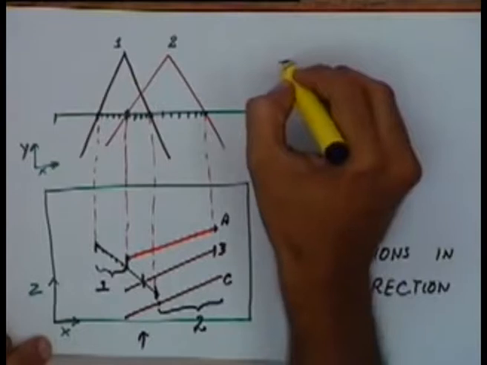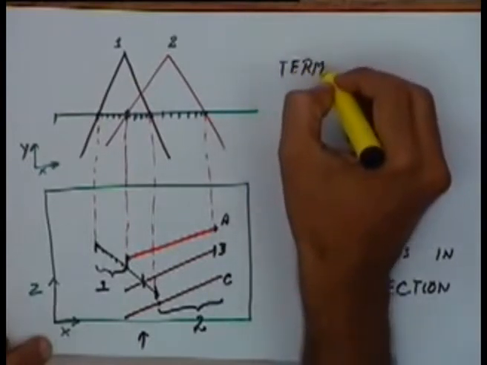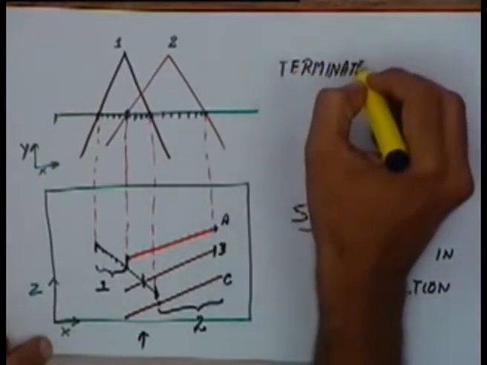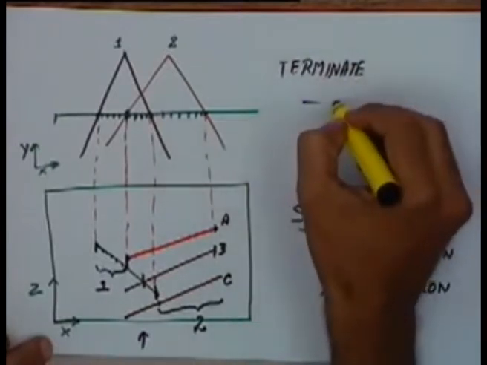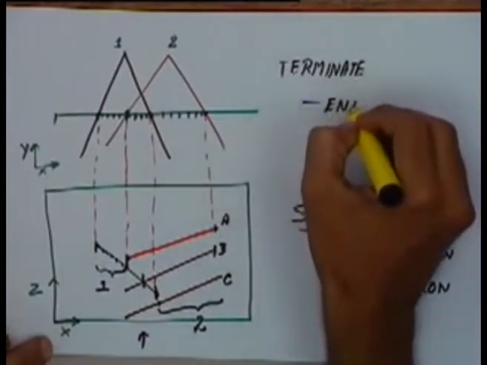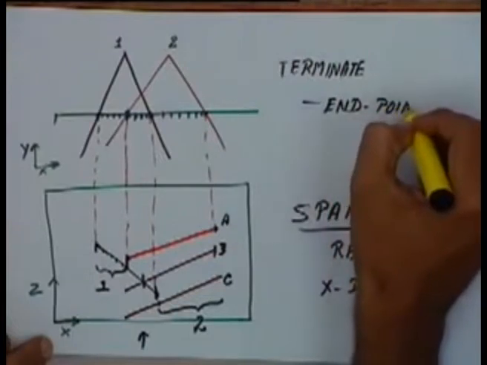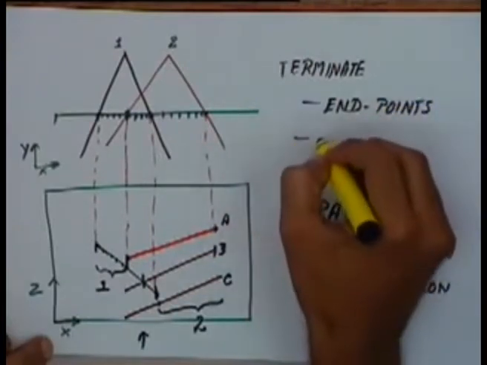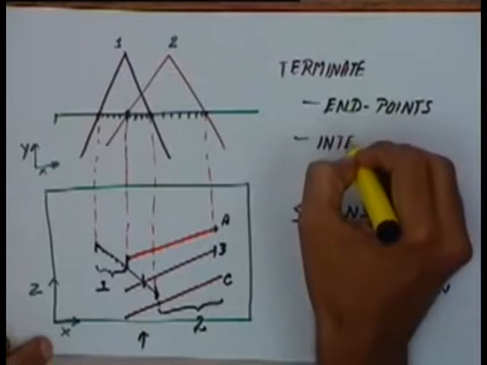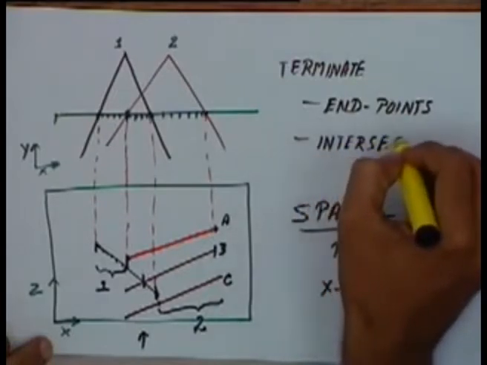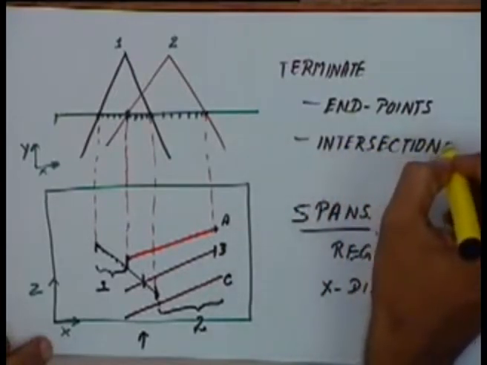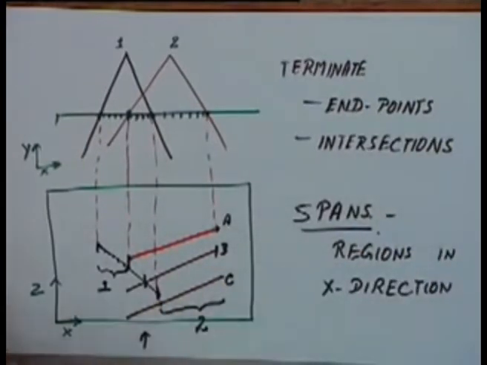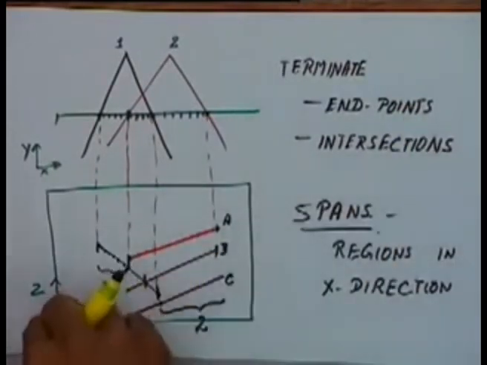And spans terminate either at endpoints, line endpoints, or at intersections. So if we have spans terminating at endpoints or at intersections, we can have spans of this kind.